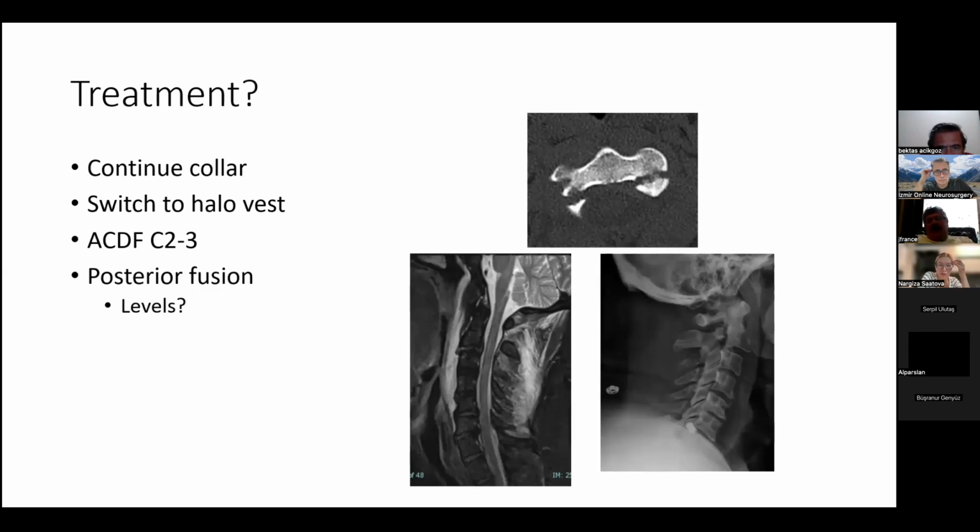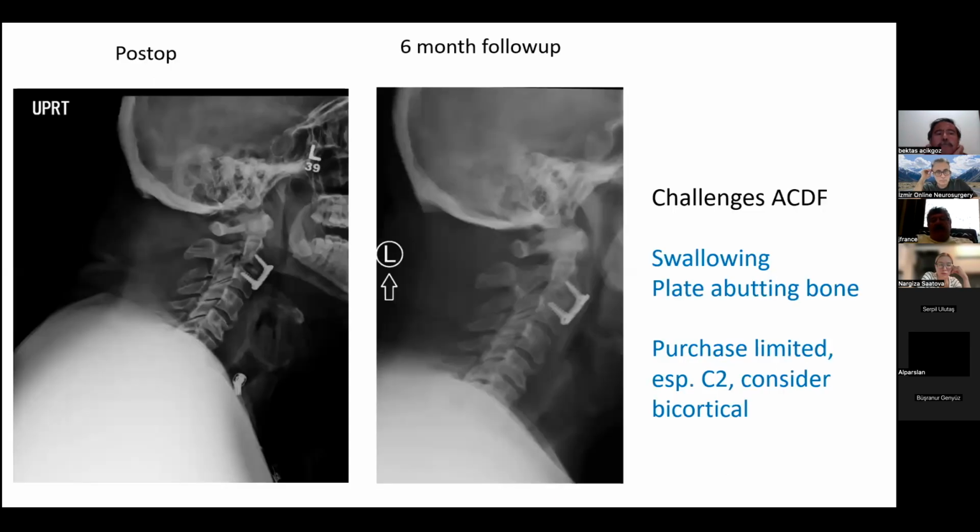So then we just had to decide, are we going to continue this in a collar, switch to a halo vest, which might better control it, ACDF, or some type of posterior fusion. And for this patient, we opted for an ACDF. And you can see a little residual translation. One of the problems with the ACDF is it's very high in the cervical spine. The access is challenging, and the fixation is limited.